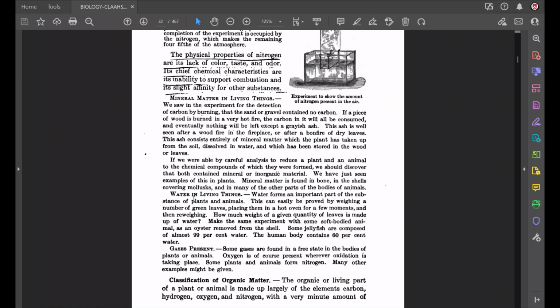Some examples of nitrogen come from animal manure, chicken manure, cow manure. One of the reasons why it's used for fertilizer is because it contains lots of nitrogen. All right? Chicken manure contains so much nitrogen that you actually can't spread it on the garden because it's too much. It will kill the plants.